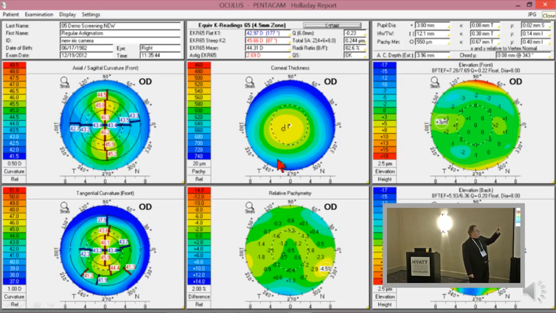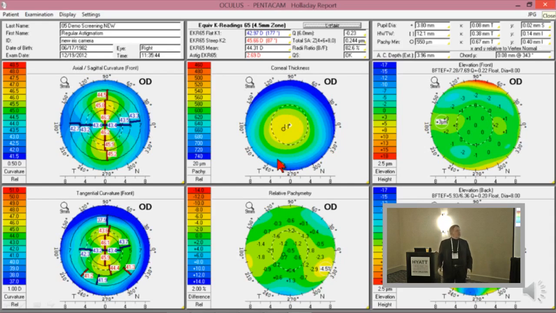But in the upper top middle, as I said, in that top box are the K readings that you'd use in an IOL calculation. They're called the EKR65. But in the majority of your patients, those K readings that are up there for the steep and the flat and the axes are the ones that you'd use in an IOL calculation, whether it's post-refractive, keratoconus, post-corneal transplant, and in standard.